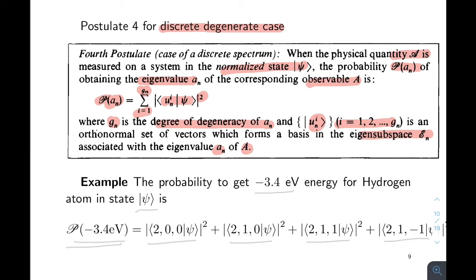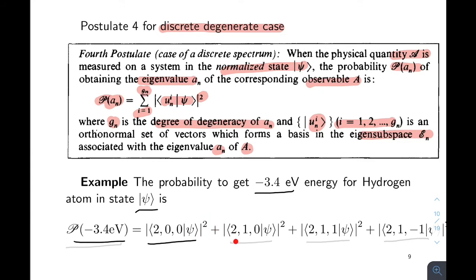So the probability to get the value minus 3.4 electron volt for the hydrogen atom in state psi will be the following. Over here we have 4 states which have the degenerate eigenvalue minus 3.4 electron volt, and the states are 200, 211, 21 minus 1 and 210. So we take the scalar product of 200 with psi and take its modulus square.